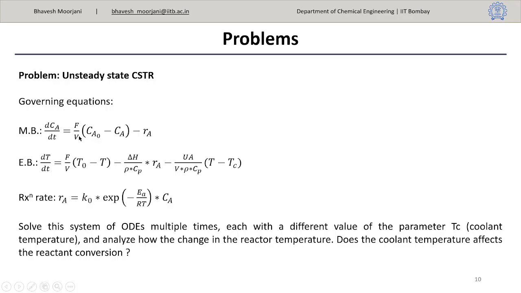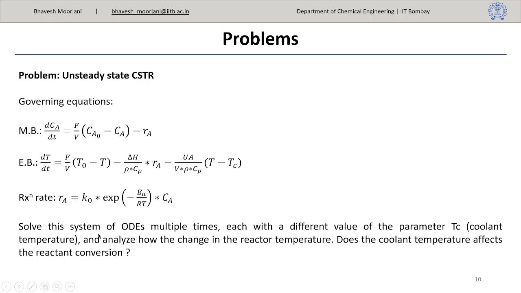If they were independent, let's say dCA by dt did not include any temperature part, then they would become separate, and I could solve dCA by dt independent of temperature. But here both temperature and the reactor concentration are dependent on each other. That's why it's called a coupled ordinary differential equation.